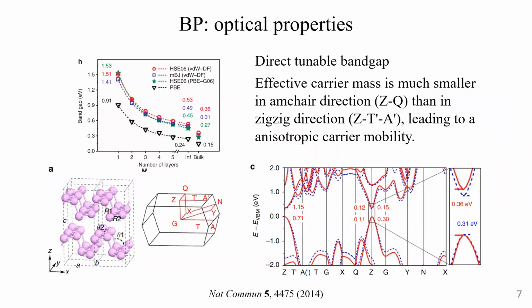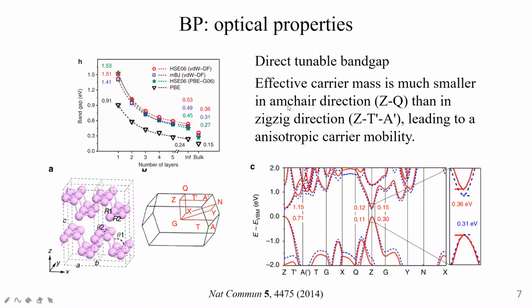DFT calculation indicates that black phosphorus is a direct bandgap material with bandgap tunable from about 0.33 electron volt to 1.5 electron volt. The conduction band minimum and the valence band maximum locate at the Z point of the first Brillouin zone.